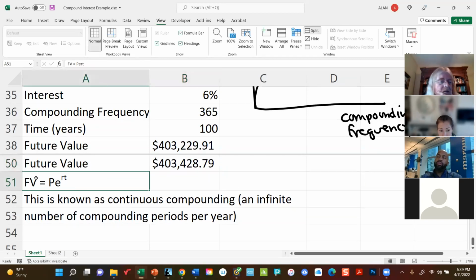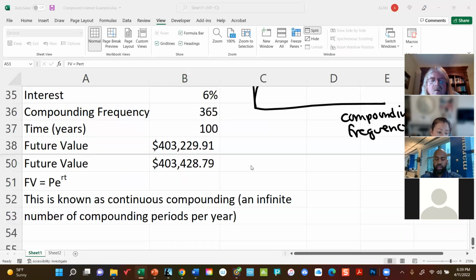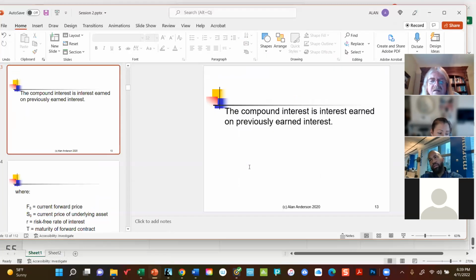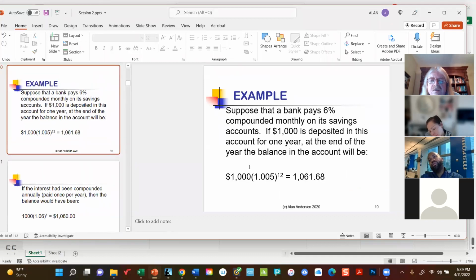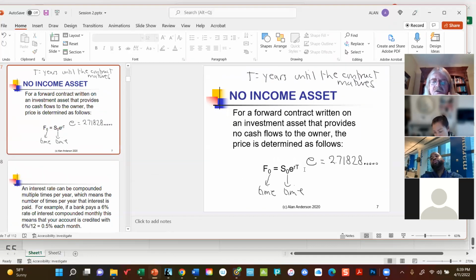But anyway, so you can see what we're building up to is this formula for calculating forward prices. What you're actually doing here is calculating the future value of this spot price with continuous compounding.